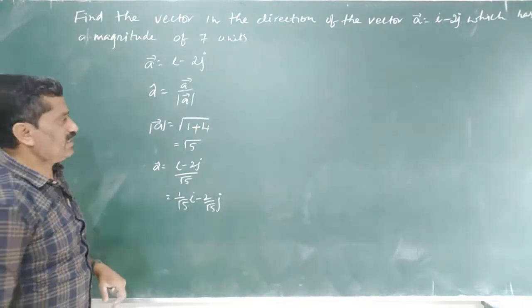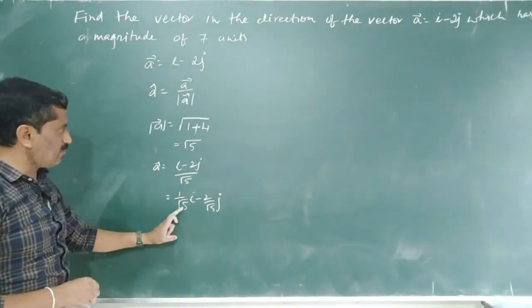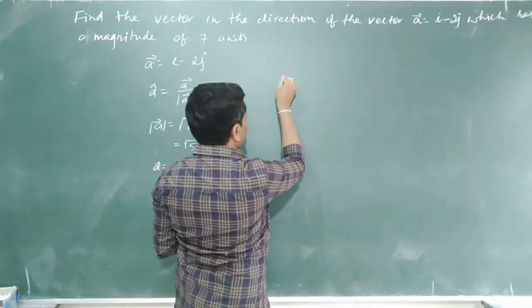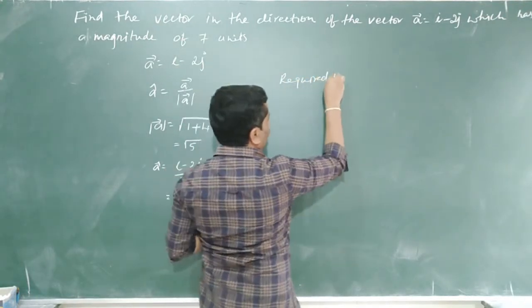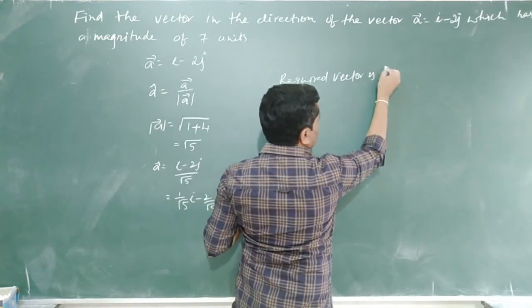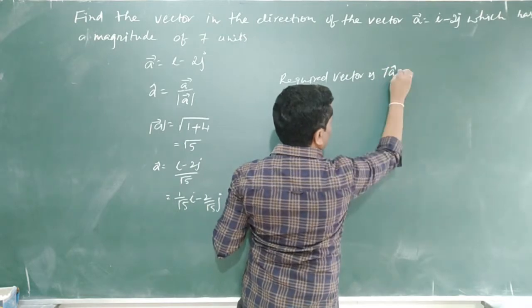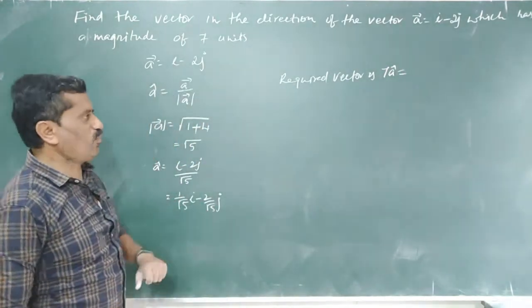So we need to find a vector. Therefore multiply the unit vector by 7. So therefore that is the required vector. Okay, required vector is 7 into unit vector, that is multiply 7 to each component.